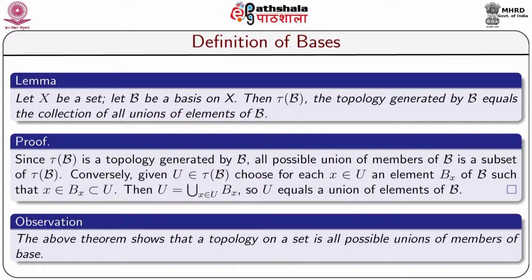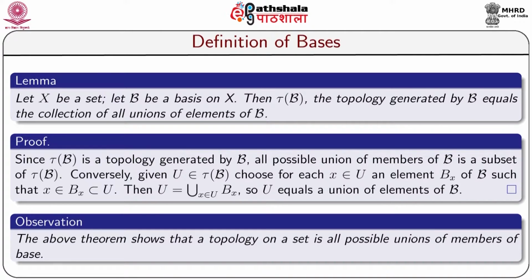Proof. Since tau B is a topology generated by B, all possible unions of members of script B form a subset of tau B. Conversely, given U belongs to tau B, choose some element x belongs to U. Then we can choose an element Bx of script B such that x belongs to Bx, which is a subset of U. Then U is equal to the union of Bx such that x belongs to U. So, U is a union of some members of B. This proves the theorem.